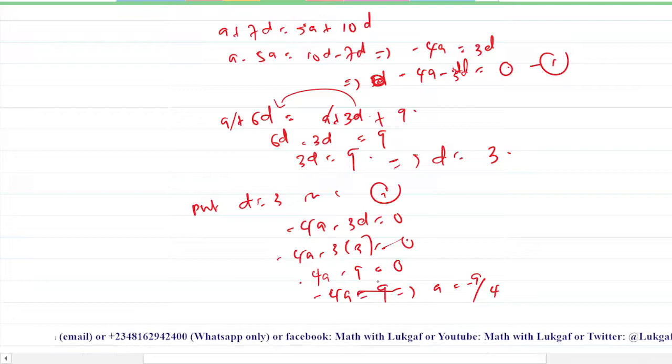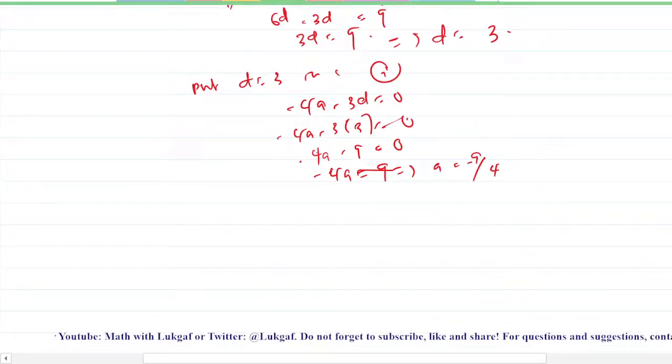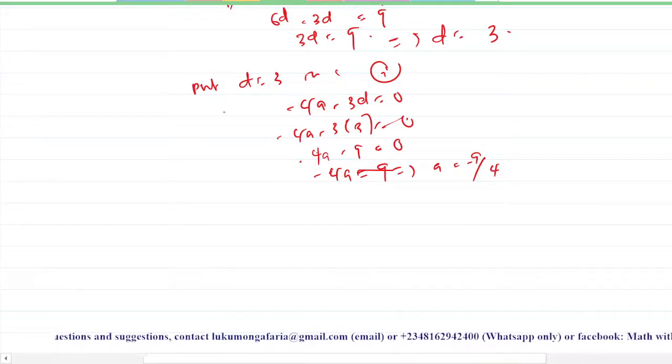But the question asks us to find the first 5 terms of the AP. So how do you now find the first 5 terms of the AP? That is not difficult to do, since you know already what is what. What is your A, that is the first term, which is minus 9 over 4, and you know your D to be 3.